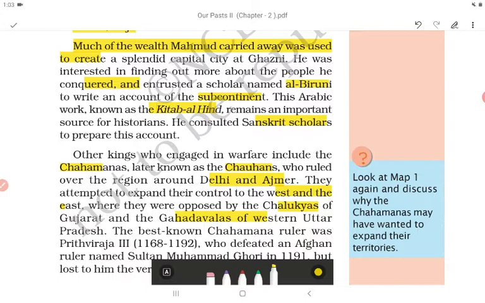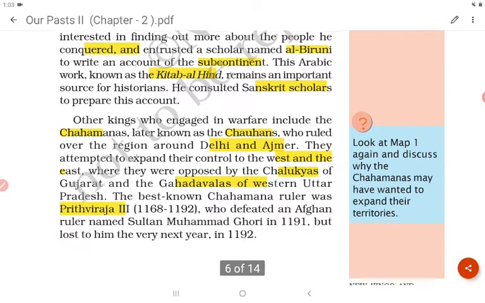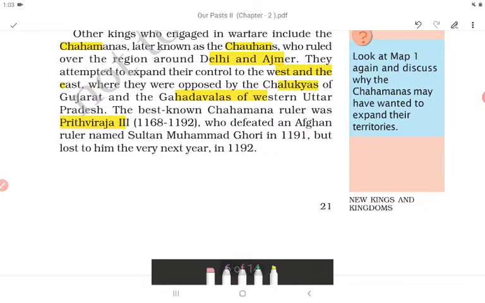The best known Chahamana ruler was Prithviraj III, 1168 to 1192, who defeated an Afghan ruler named Sultan Muhammad Ghori in 1191 but lost to him the very next year, in 1192.